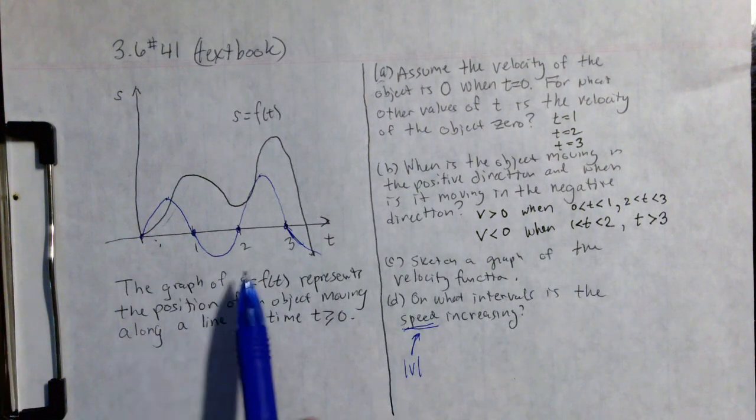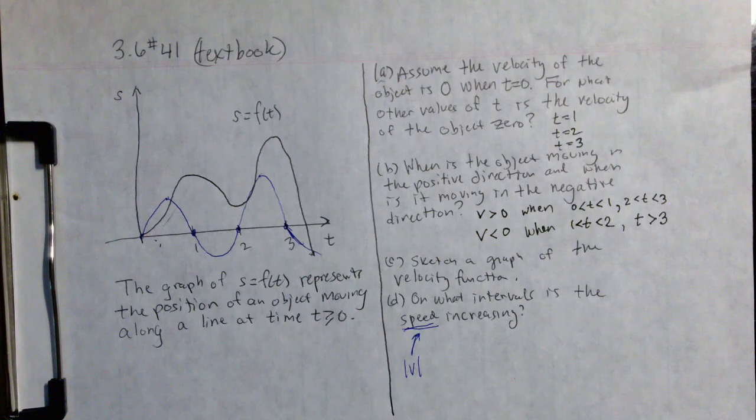Now, we're going to have to estimate a little bit here, but I'm going to assume these peaks here come halfway between those zeros, which is roughly what appears to be the case.